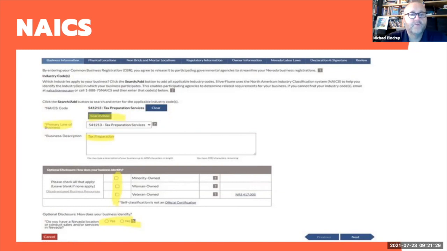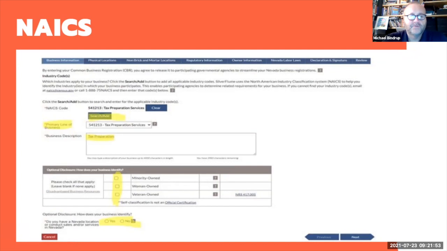Why do we want to know about our NAICS code? One of the things is that the IRS uses this, and federal agencies use this, and so do state agencies, to track types of businesses for demographic data, to see what types of businesses are happening in what areas. Additionally, there is research and information out there based on your NAICS code.